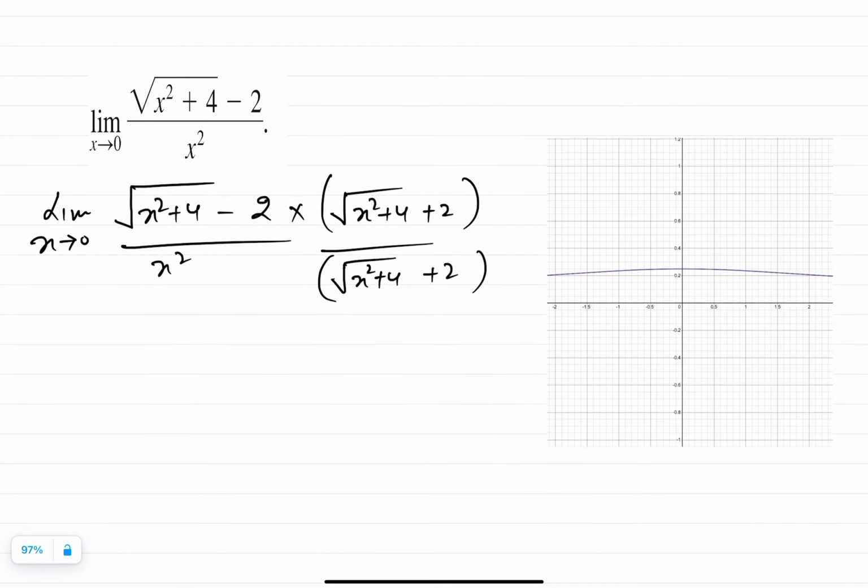The reason is that we know from the formula, a minus b times a plus b is equal to a squared minus b squared. This is the reason we have taken it in this form. Here it was negative, we have taken the positive to make it like a minus b, a plus b.